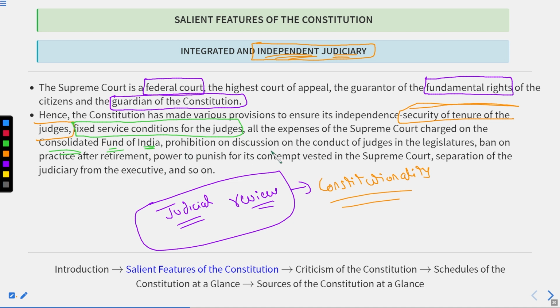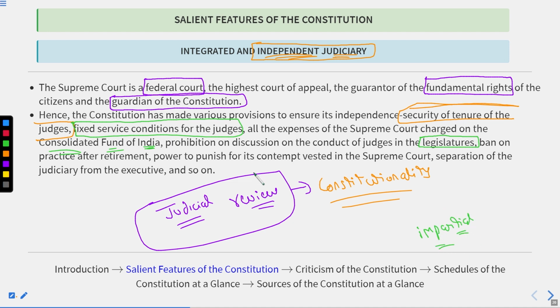Thereafter, whatsoever the judges are doing in the Supreme Court could not be discussed in the legislature. All right. Thereafter, no Supreme Court judge is allowed to practice after retirement, so that the judges could be impartial and avoid partiality in the greed of getting work after retirement.